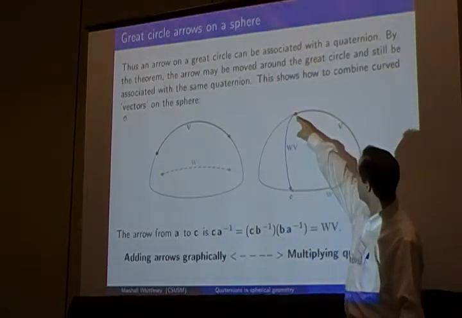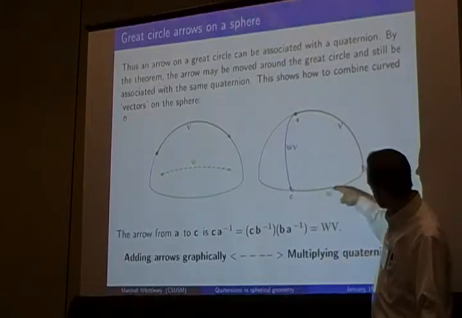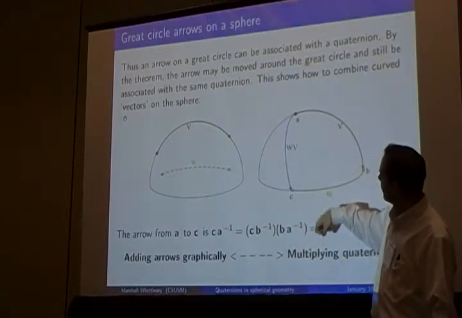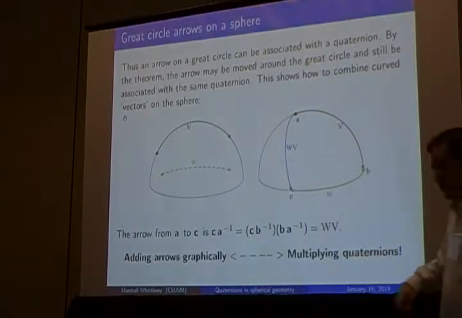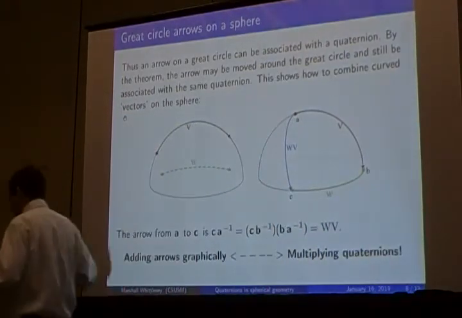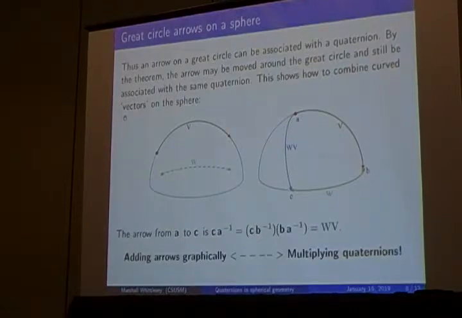And so the quaternion associated with that times the quaternion associated with that, in the right order, gives us the quaternion associated with that. So if we regard the arrows as somehow spherical vectors, the quaternions capture the geometry of adding those together.